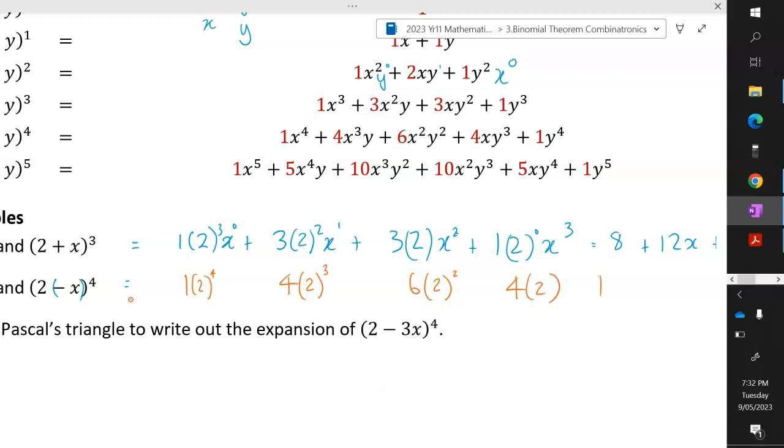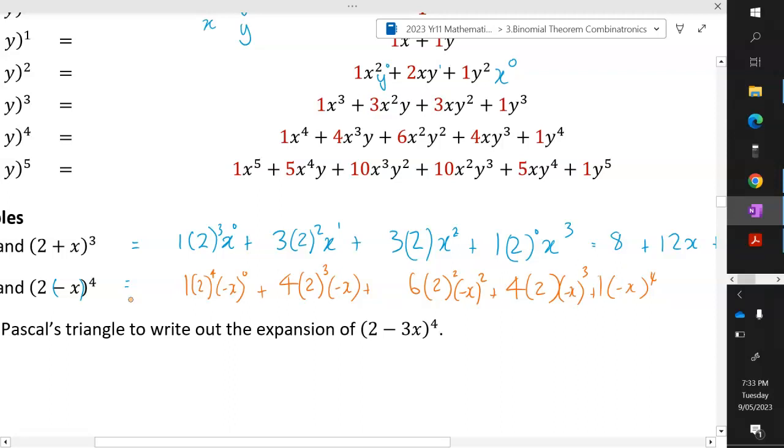And then I'm going to put my minus x's in, and we're going to start that with a 0, minus x to the 1, minus x to the 2, minus x to the 3, and minus x to the 4. And I'm just going to pop pluses in the middle now. And then when we deal with our powers, we can sort out that and neaten that up a little bit.